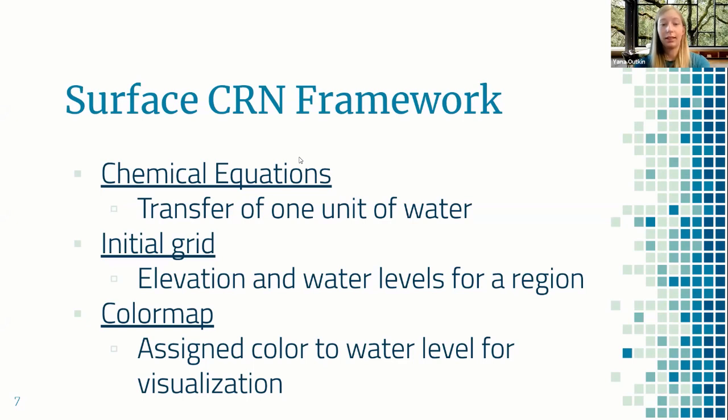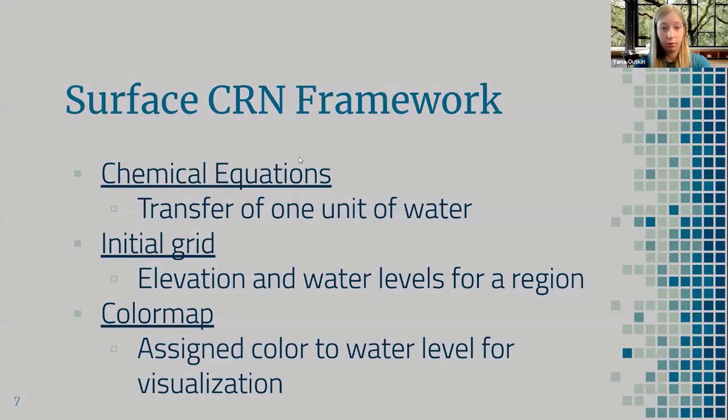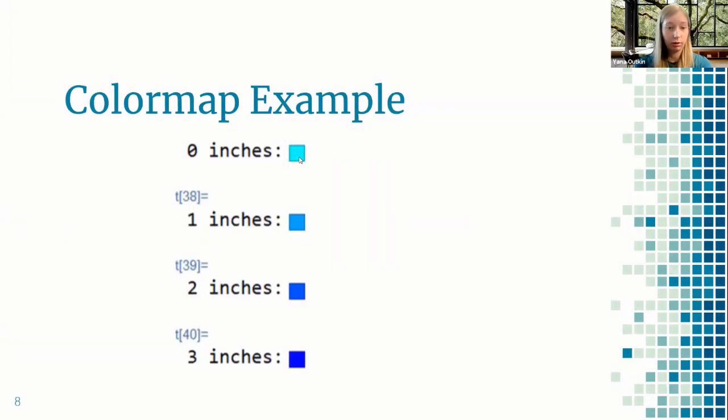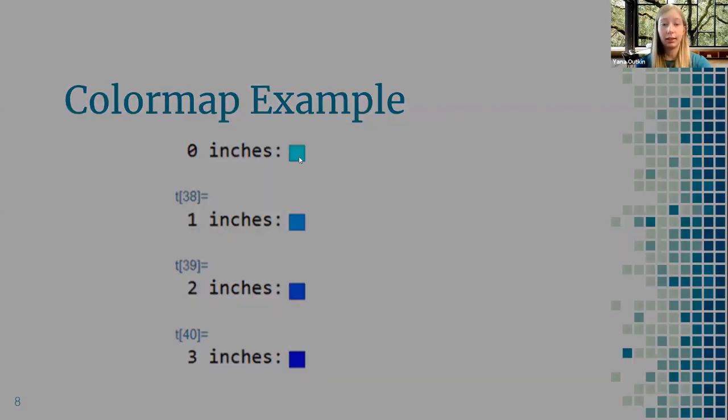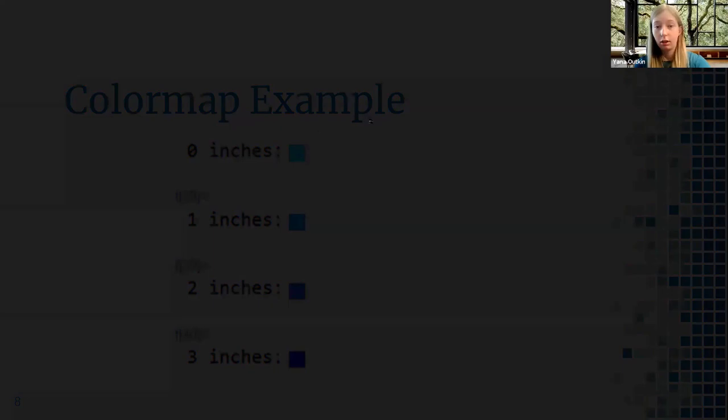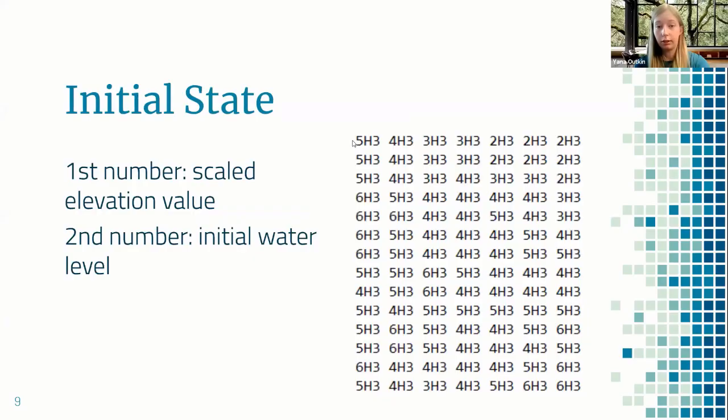Okay. So here's an example of a color map with 4 values, 0, 1, 2, and 3 inches of water. A color is assigned to a specific water level for visualization. And here's an example of an initial state. The first number is the scaled elevation value in feet, and the second number is the water level in inches.